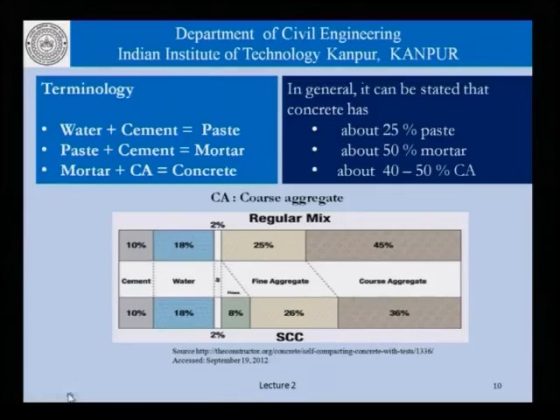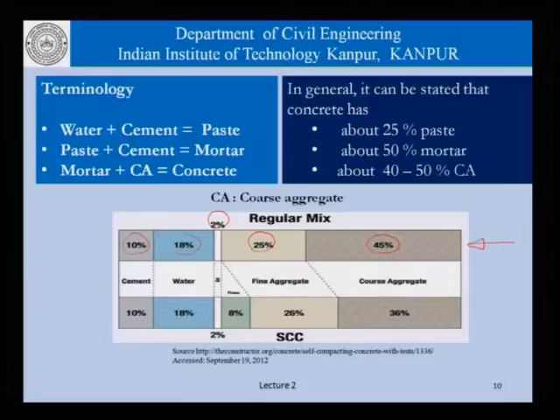Now, if we look at a rough schematic of the relative volumes once again, this picture here shows regular concrete mix, where there is 10% of cement, 18% water, 2% I think is air, and there is a fine aggregate and coarse aggregate sitting here.